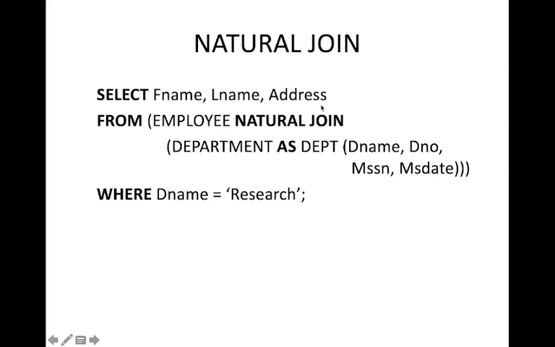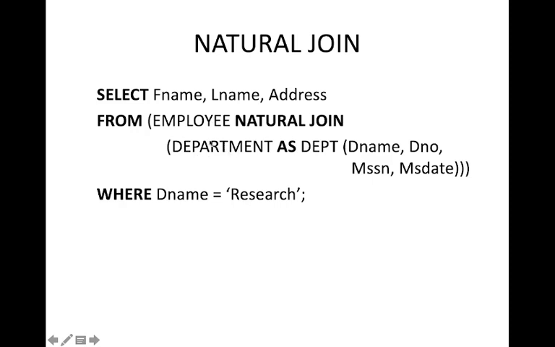If we want to perform employee natural join with department, we have to see that there should be some common attribute in employee and department. In employee and department, we have a common attribute, that is department number, but the name of that attribute is different. In the employee table it is DNO, and in the department table it is D number.